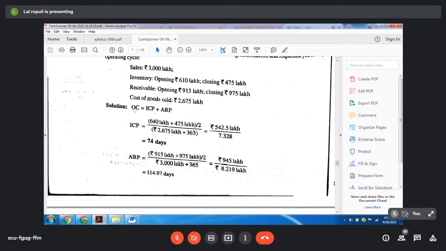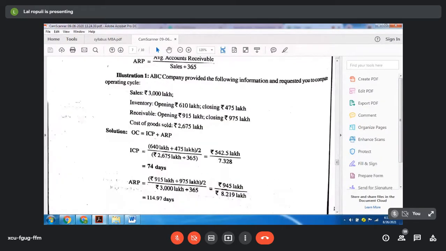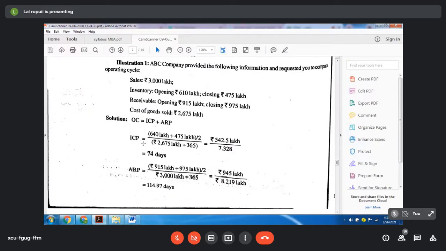The operating cycle is inventory conversion period plus accounts receivable period. For the inventory conversion period, we have to take the average: opening plus closing divided by 2, and cost of goods sold is rupees 2,675 lakhs divided by 365 days.